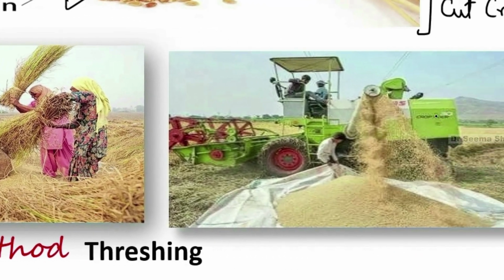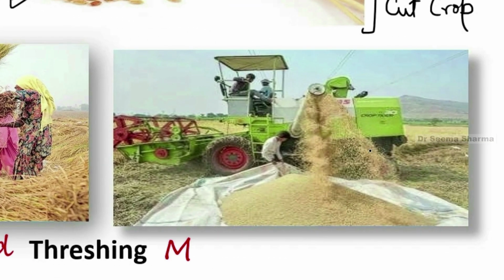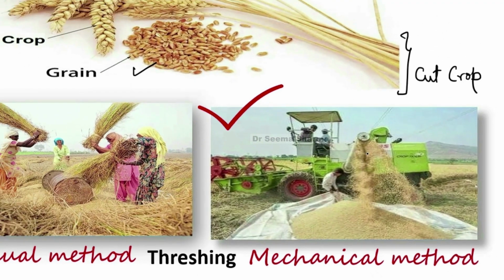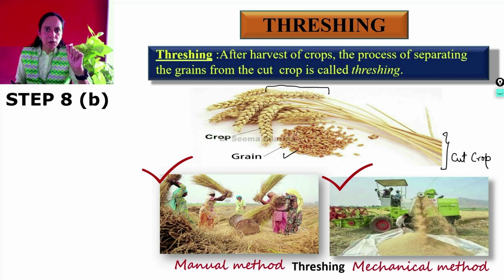On the other hand, we have mechanical method also where machines are used, and this machine is a thresher which is separating the grains from the cut crop. So for threshing also we have two methods, manual method and with the help of thresher, which is used by maximum of the farmers. Now students, what is there in farmer's field?